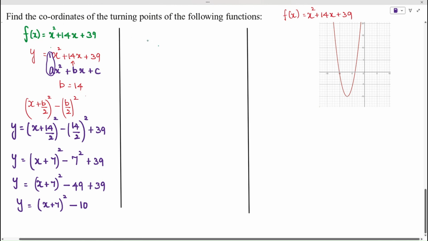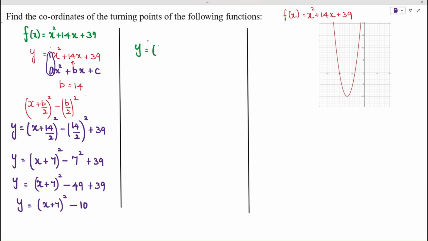So what we want to do is within our brackets, we want to equate our square value here to 0. And so x plus 7 the whole squared is equal to 0. And so by equating it to 0, we can try to find the value of x.